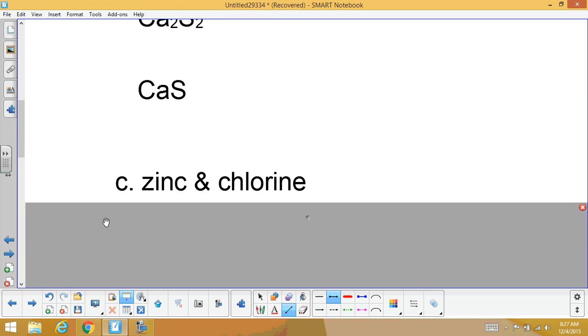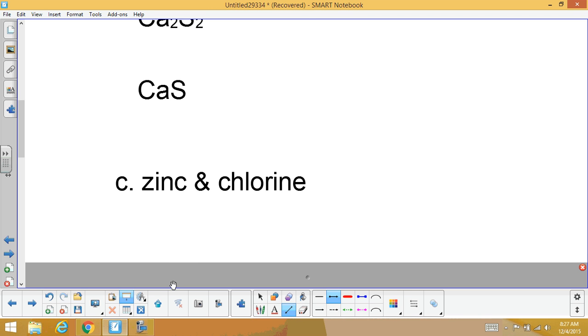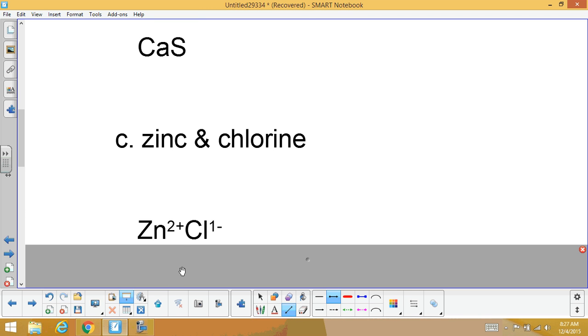Letter C, zinc and chlorine. Mashing those together to create zinc chloride. Now, chlorine is on the original periodic table as 1-, but zinc is not on the periodic table as a normal one because it is a transition metal. So transition metals are not always going to be the same charge.